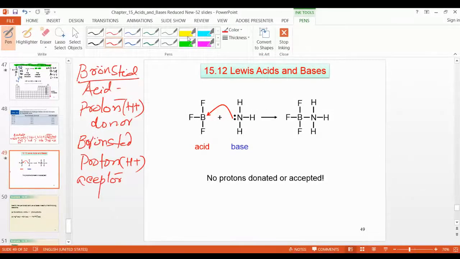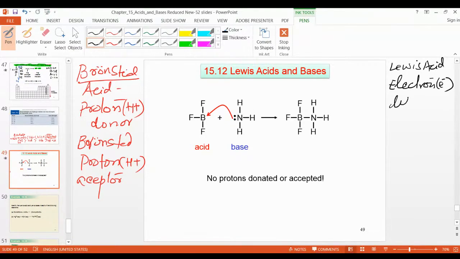Okay, now I will write on the right hand side. Lewis acid is electron deficient. What do you mean by deficient?